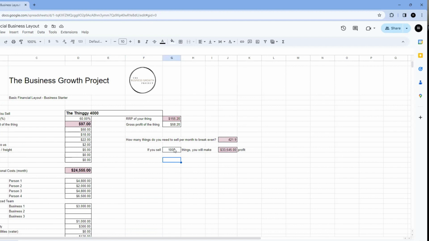The other thing that you can look at in this kind of a model is if we go back up to the markup here, and let's say you're only working at a 40% markup, all of a sudden that big profit we had is down to 14,000 just because we don't have as much markup. So knowing how much markup you need to have, keep in mind you need to be competitive in the marketplace.